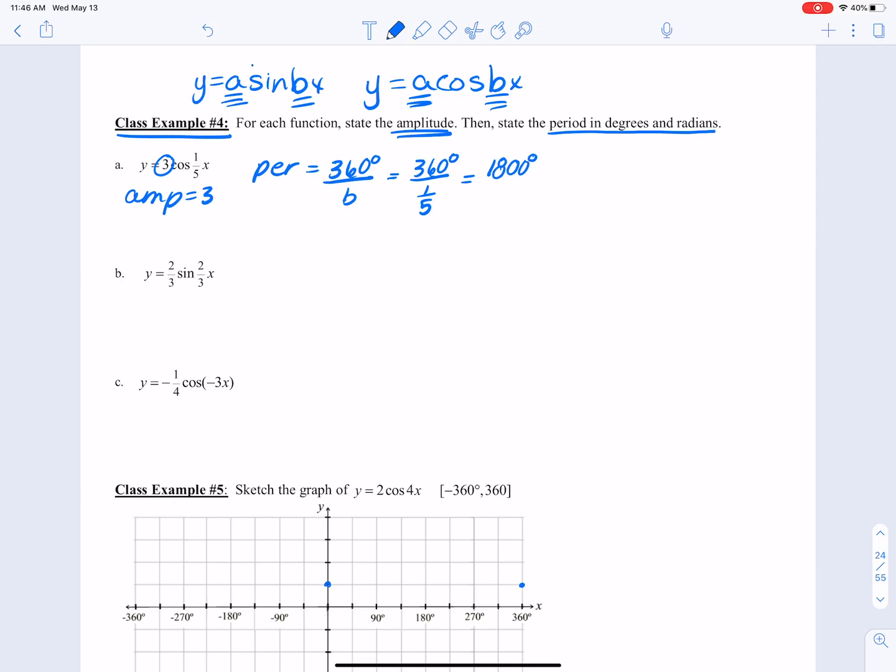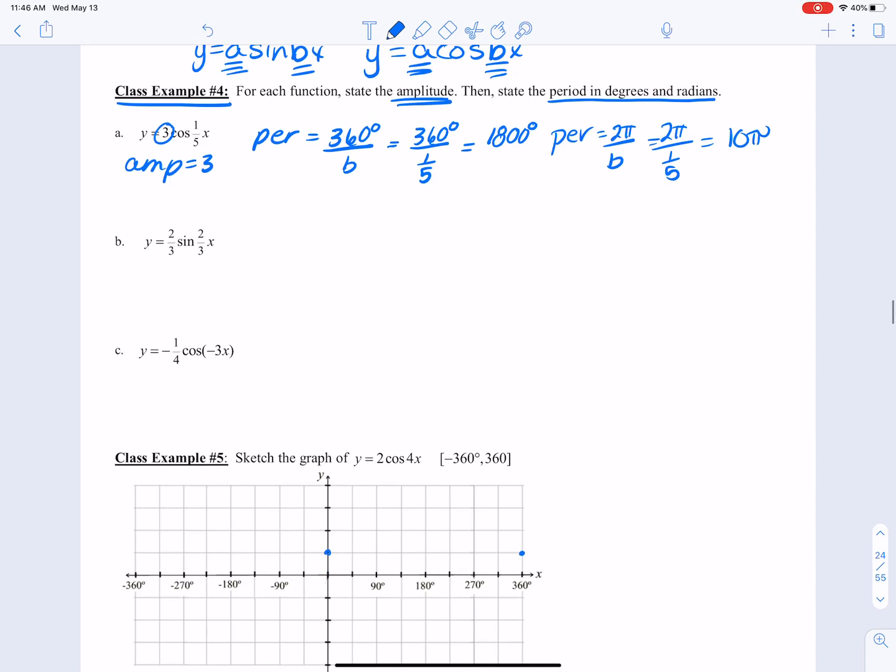Because it's a horizontal stretch by a factor of 5, and that's why that gets so much larger. Now, in radians, it is 2 pi divided by b, which is 2 pi divided by 1/5, which is 10 pi.